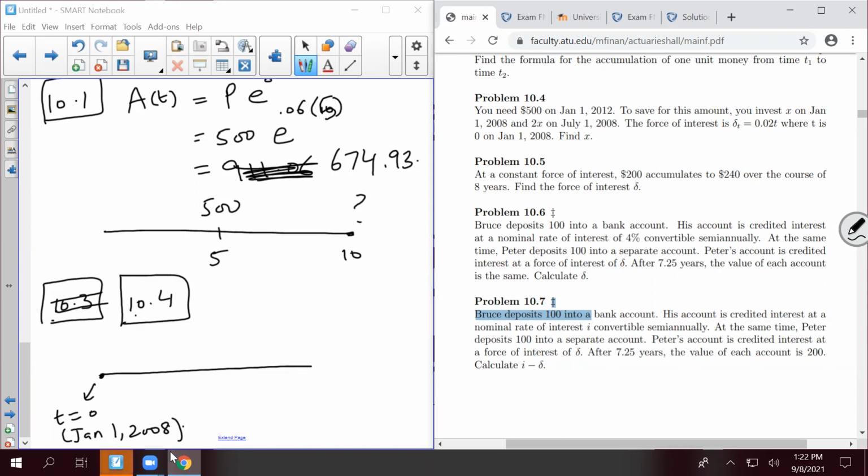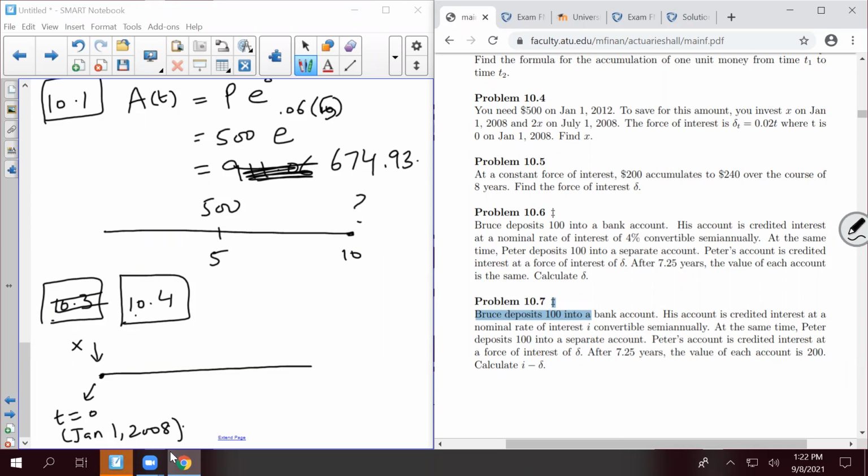And what do you deposit then? You invest X at that time, right? And then you invest another 2X on July 1. So what would be the time on July 1? On January 1, 2008, time is 0. What will it be on July 1, 2008, if we're counting in years? 0.5, half a year.